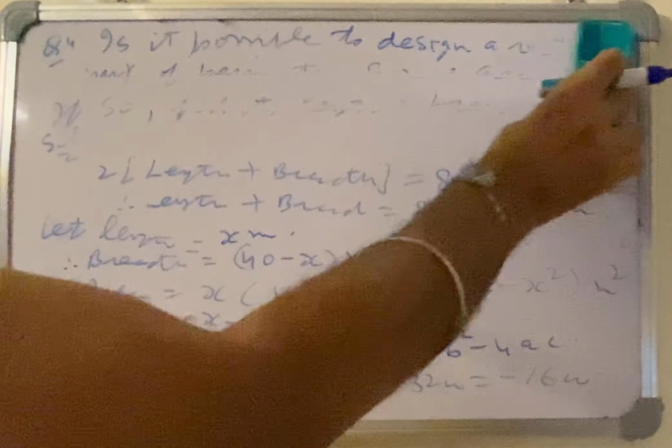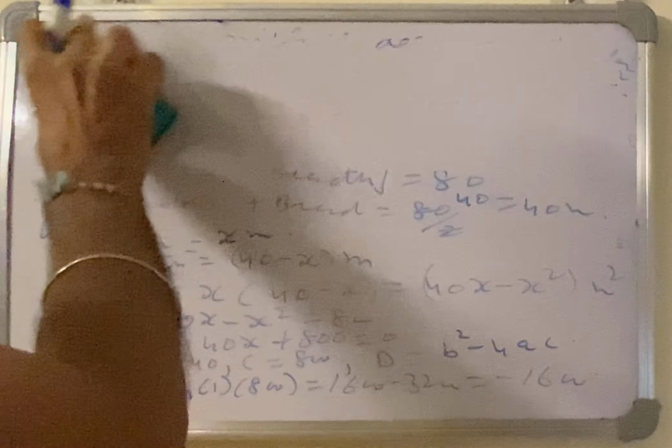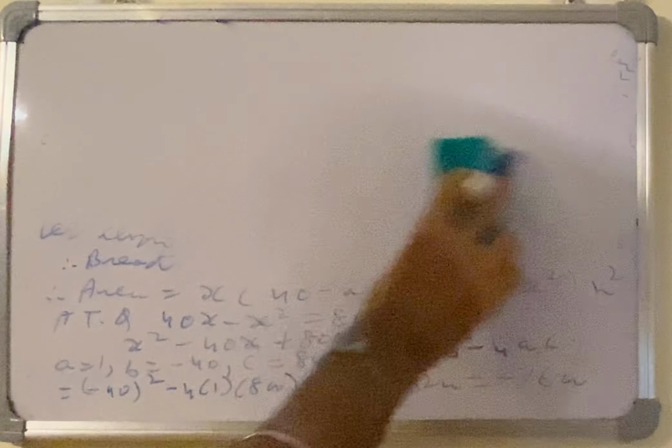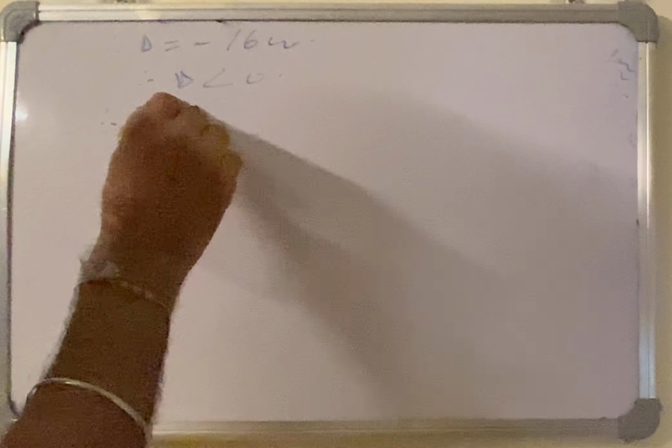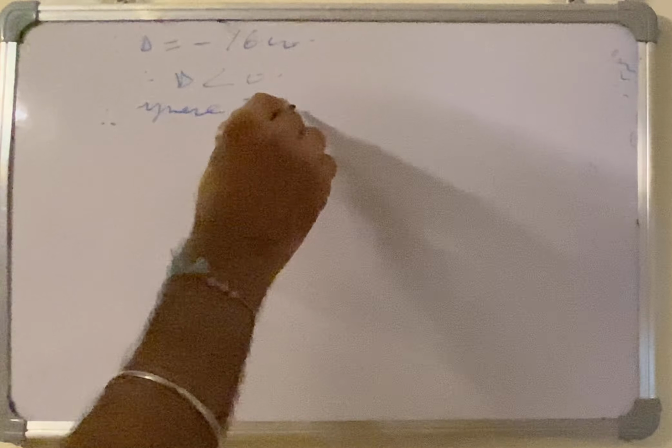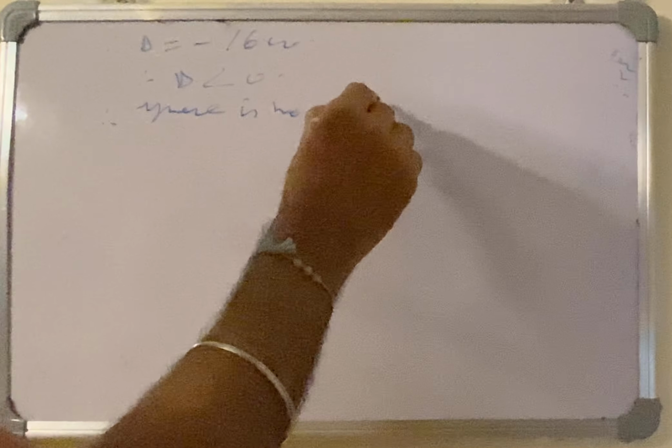Therefore, the discriminant is negative. So D is less than 0. Therefore, there is no real root.